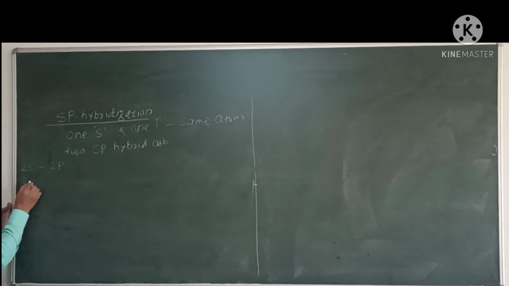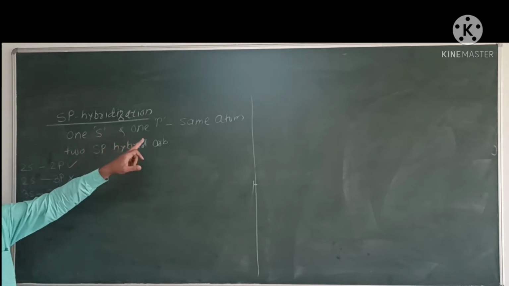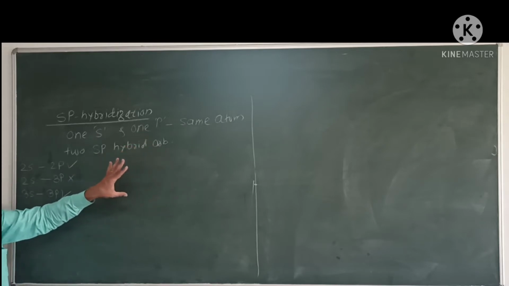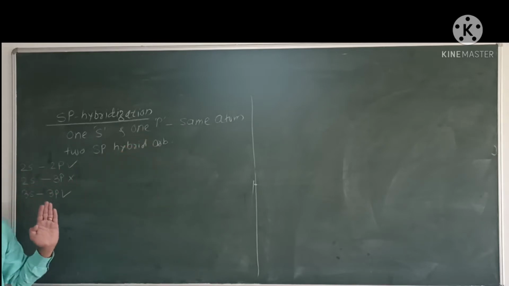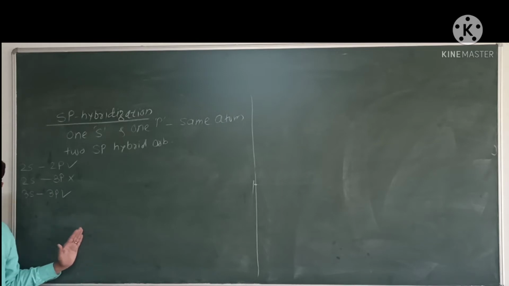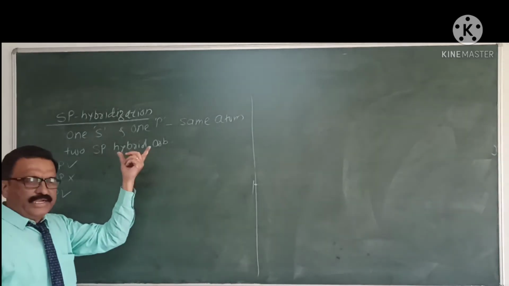A 2s and 3p cannot undergo hybridization. A 3s atomic orbital and 3p atomic orbital mix together to form two sp hybrid orbitals of equivalent energy.